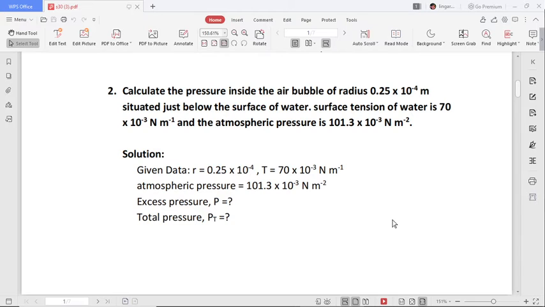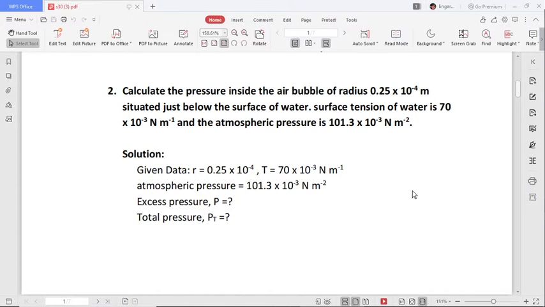So here the data: R is equal to 0.25 into 10 to the power minus 4, surface tension T is 70 into 10 to the power minus 3, atmospheric pressure 101.3 into 10 to the power 3. Here we have to calculate the excess pressure and the total pressure.